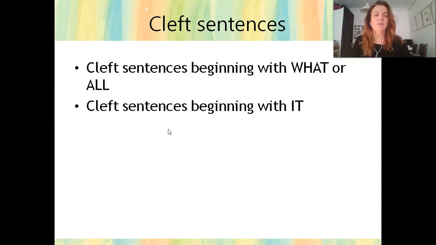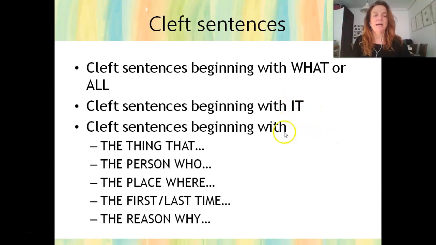The second type is when they begin with the word it. And the third type is when they begin with one of these phrases, the thing that, the person who, the place where, the first time, the last time, the reason why, okay? And what's going to follow is a relative clause. Okay, so let's start with the first type.